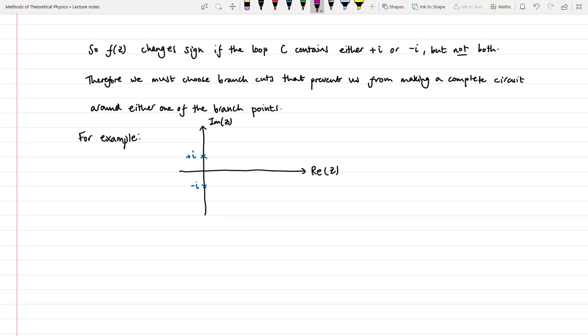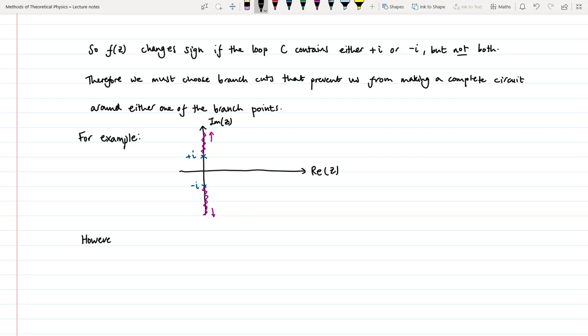And we could make a branch cut in the upper half of the complex plane, like this, that goes off to infinity, and similarly in the lower half plane, a branch cut along that axis, also going off to infinity. Now these branch cuts are constraining the input to our function f of z in such a way that it will remain single valued.